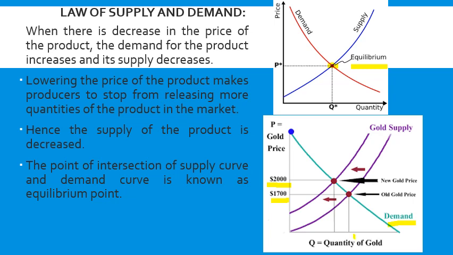This is the quantity that was being demanded when the price was 1,700. When the price increased to 2,000, what happened to demand? Demand just got reduced. Why? Quite common sense, because as the price is increasing, I do not want to purchase more. I will wait for the price to reduce.